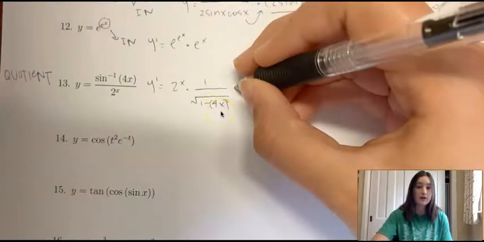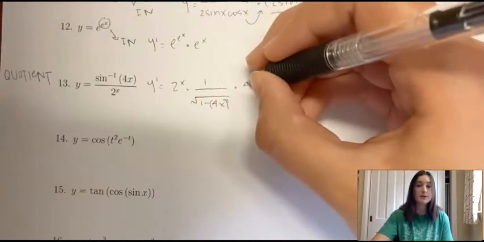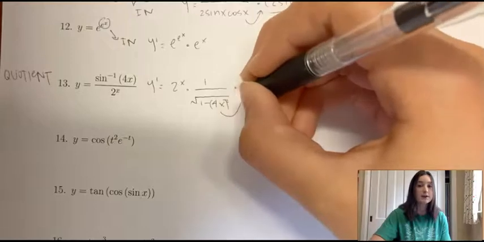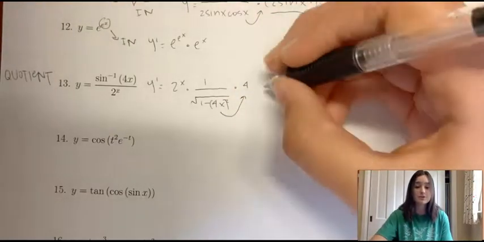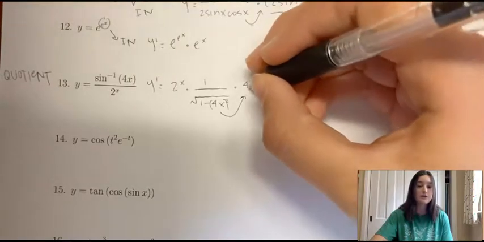And then you can't forget to do the chain rule here because you have a 4x, you've got a function within a function. So you're just going to multiply by g prime of x. And if your g of x is 4x, then your g prime of x is just going to be 4. So that's your low d high.